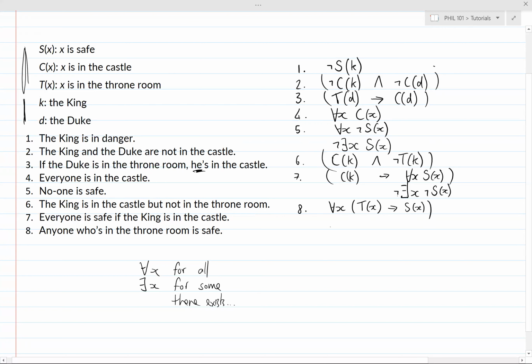How would I express this one using an existential quantifier? Well, if anyone who's in the throne room is safe, then no one who's in the throne room is unsafe. Then there does not exist anyone in the throne room who's unsafe. So I'd say there doesn't exist anyone who is in the throne room and is not safe.